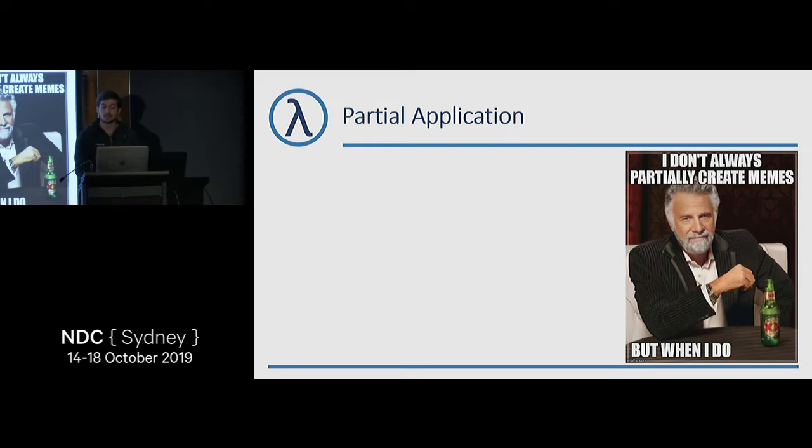Partial application uses curried functions in order to partially call a function. And this means you can call a function and not pass all the parameters, and you will, thanks to currying, get back a function that will take the remainder of those parameters. So let's look at the example of our add function again. We can call it normally with two parameters, like 2 and 3, and we'll get back the value of 5.